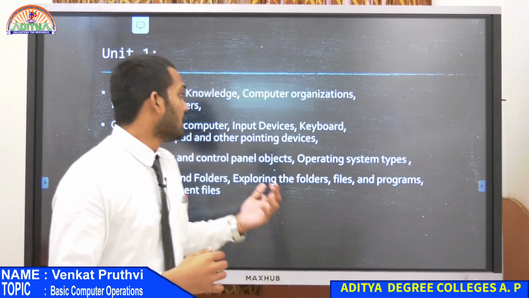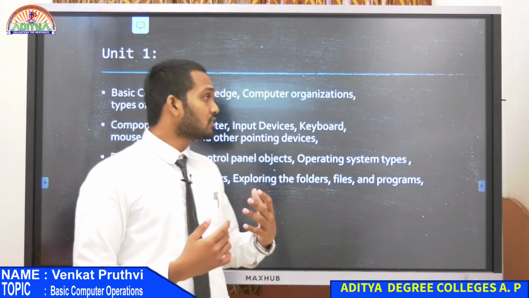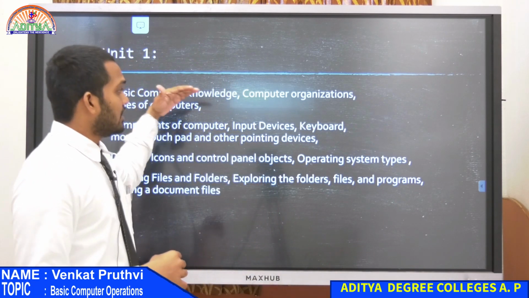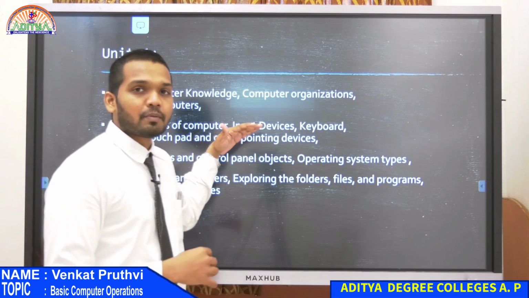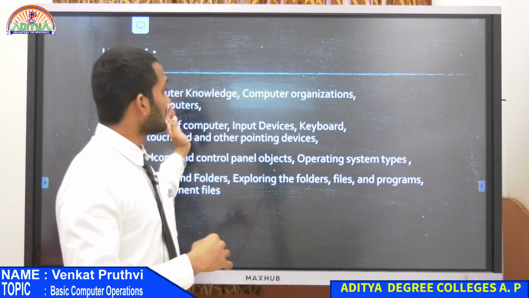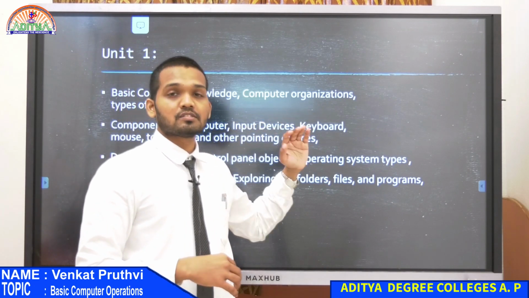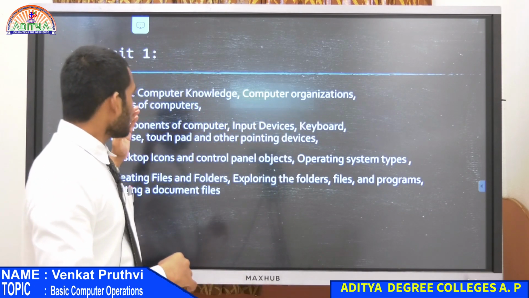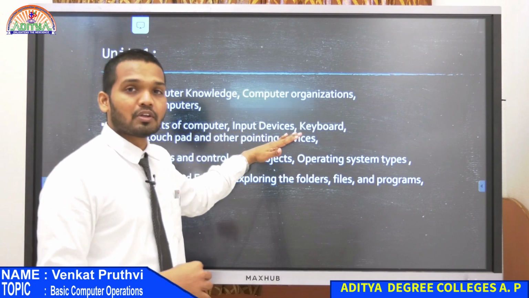One more thing I would be doing: we have different units and different parts in the first unit. I've already discussed basic computer knowledge. Then we are talking about computer organization as of now. Next, I'll switch to input output devices.